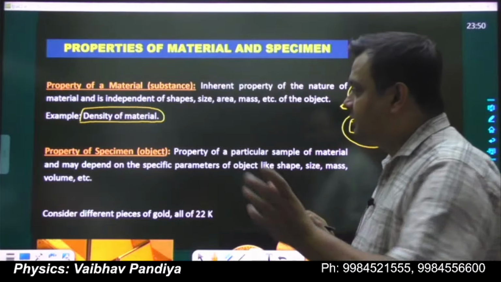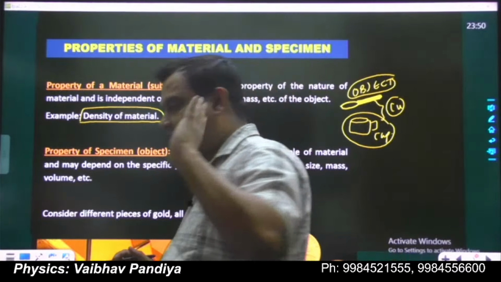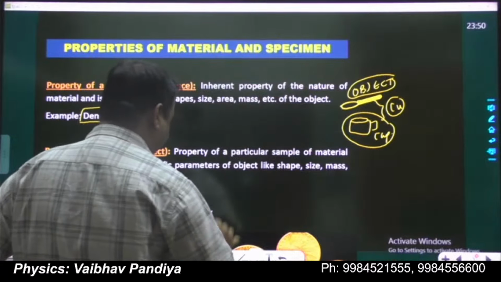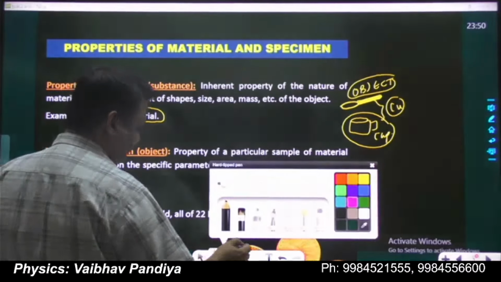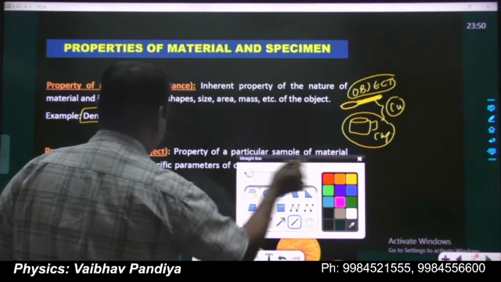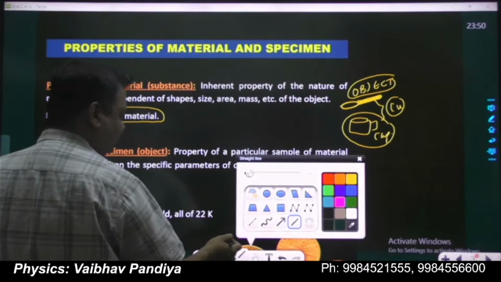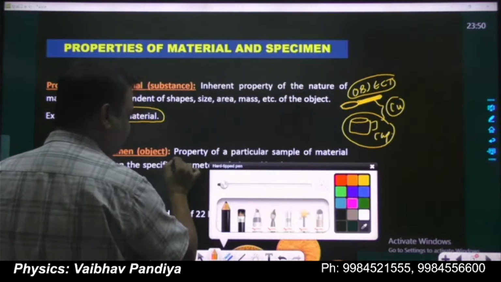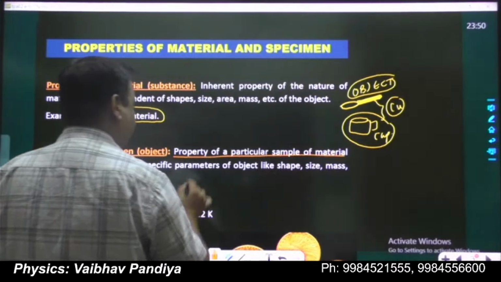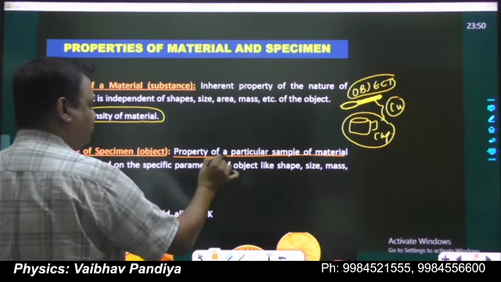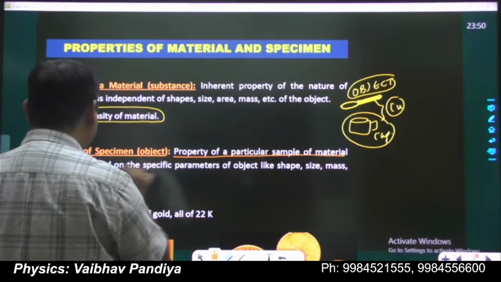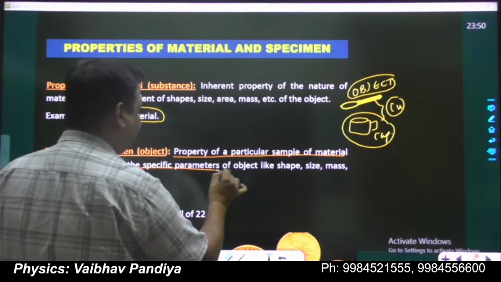Correct? When you talk about the property of a specimen, it means a particular object. Like the cup is a specimen. Okay? Your spoon is a specimen or object. So that particular specimen has a property of a particular sample of material and may depend on the specific parameters of the object.